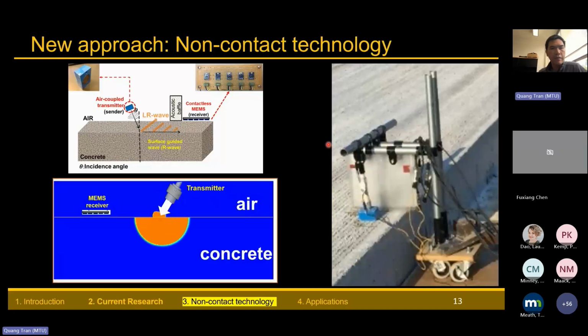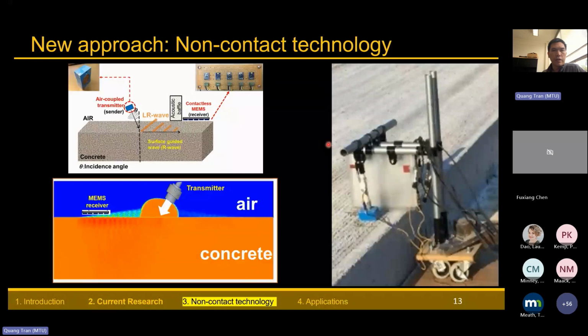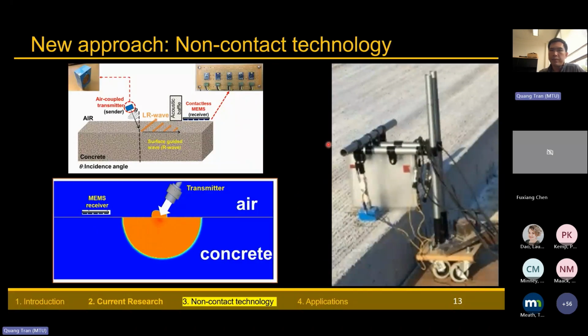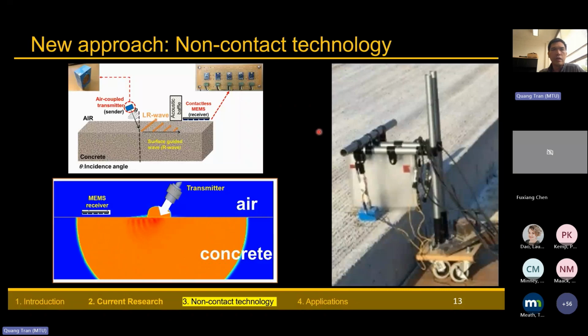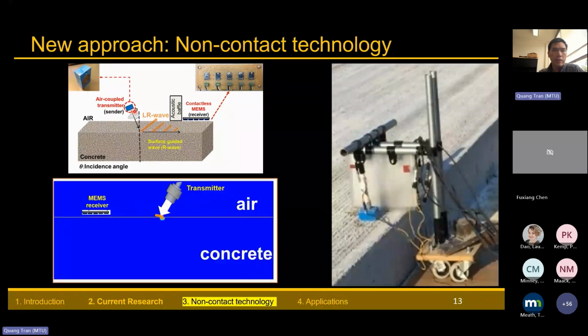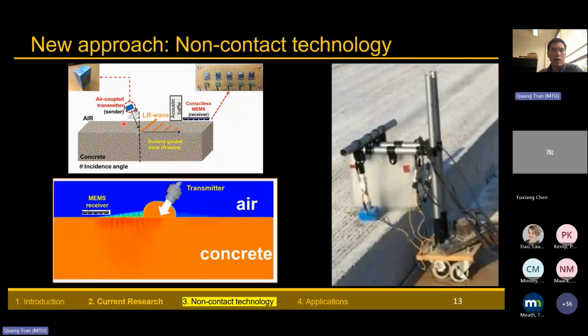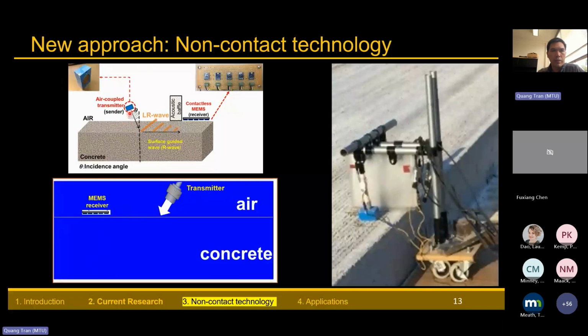So the figure on the top left shows how we set up the prototype. It's pretty straightforward. We have a transducer that we're running at 54 kilohertz, and it's off the ground, off the surface of the concrete pavement, and we send a wave to the pavement.